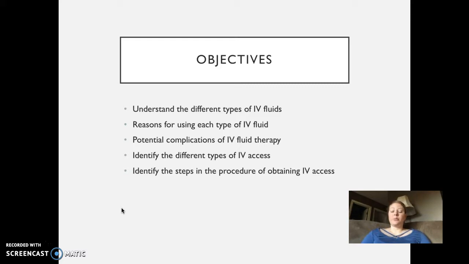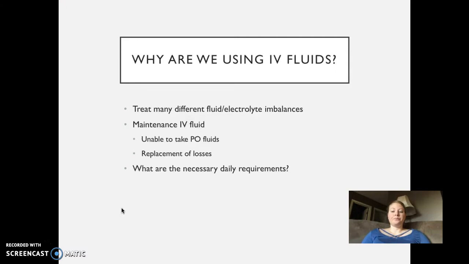You will be practicing peripheral access this week, but I will also touch on central lines. We won't be doing anything with them, but just so you are more familiar and aware of what to do with them. And then identify the steps in the procedure of obtaining IV access, which you'll be working on in Skills Lab again this week.